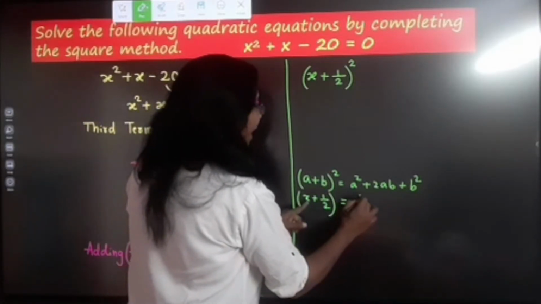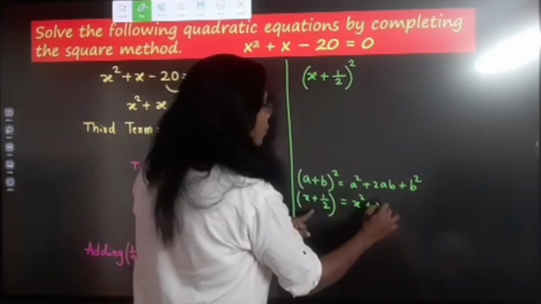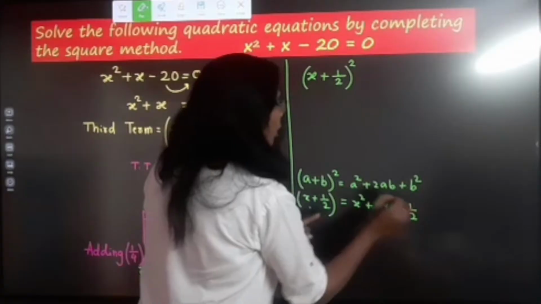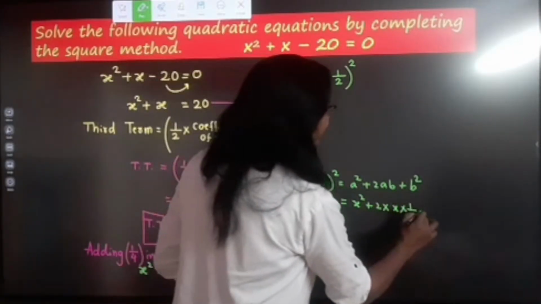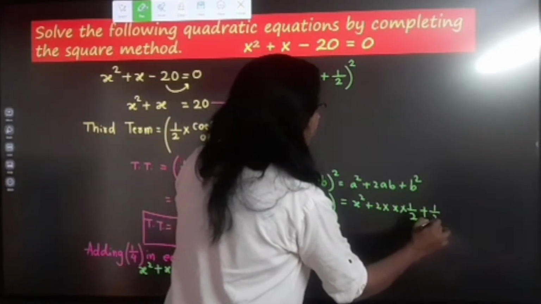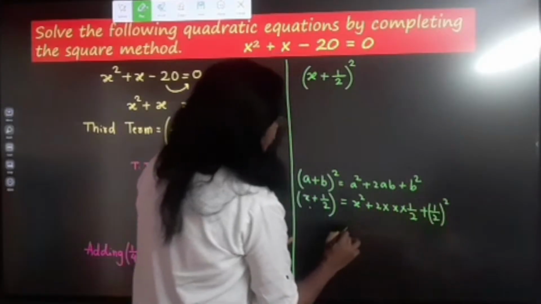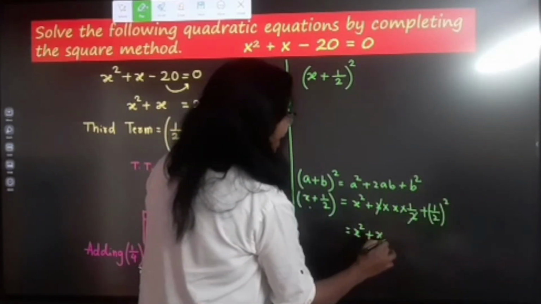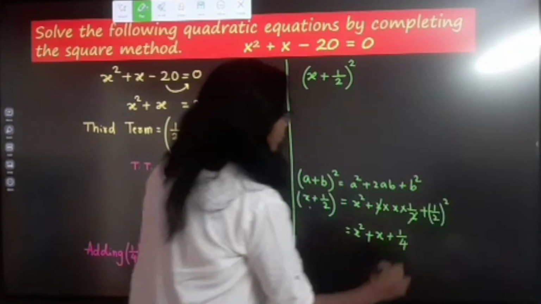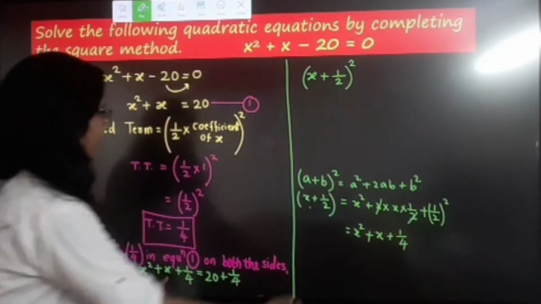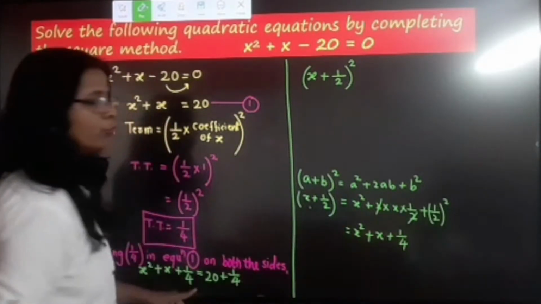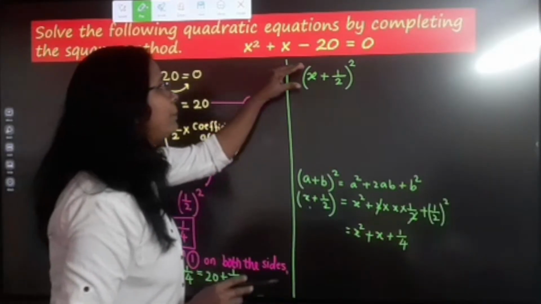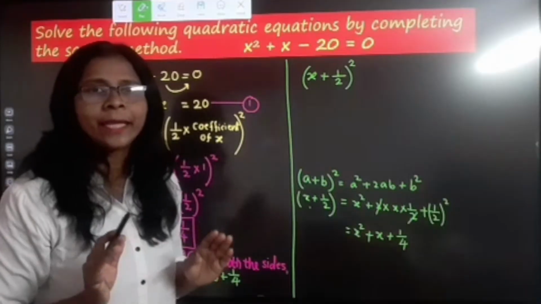So a square means x square plus 2 multiply x multiply 1 upon 2 plus (1 upon 2) whole square. So here x square plus, the 2 gets cancelled, so x, and plus 1 upon 4. So see here, x square plus x plus 1 upon 4 is nothing but the expansion of (x plus 1 upon 2) whole square.